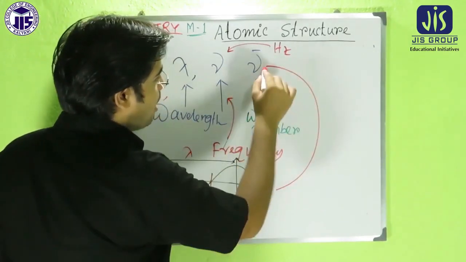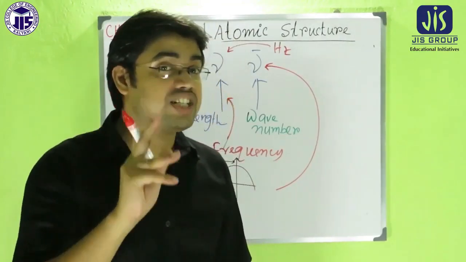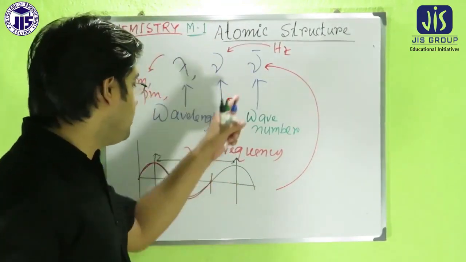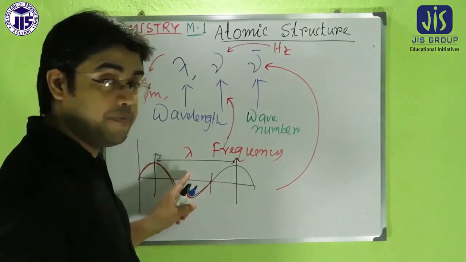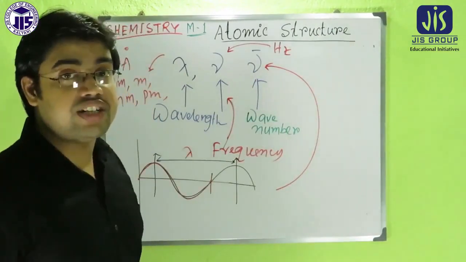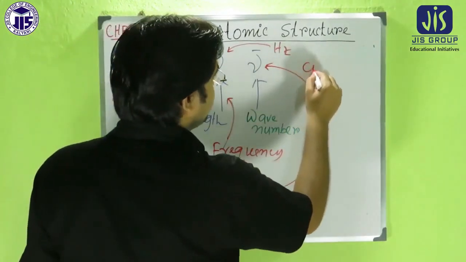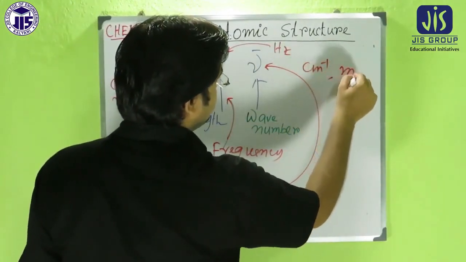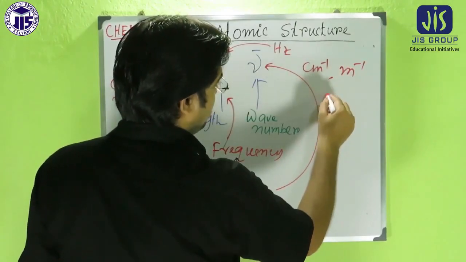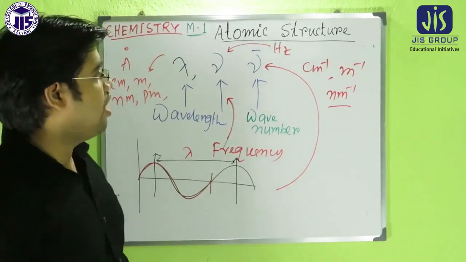Wave number means the number of complete cycles per unit distance. In the previous case it was per unit time, per second, whatever. Here it is per unit distance. The unit of nu bar may be centimeter inverse, meter inverse, nanometer inverse, etcetera.